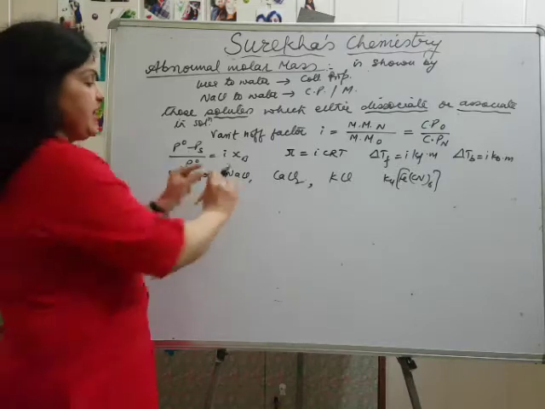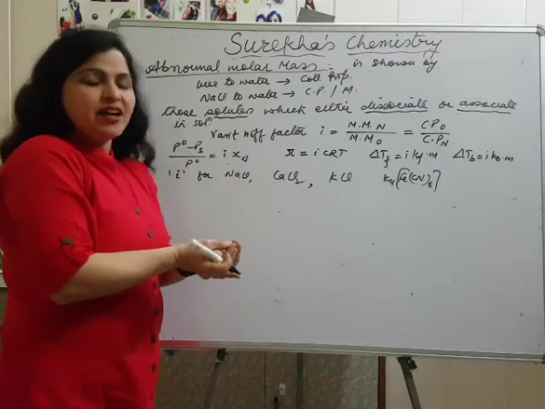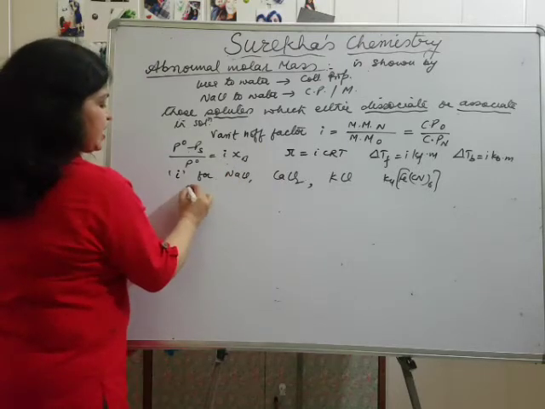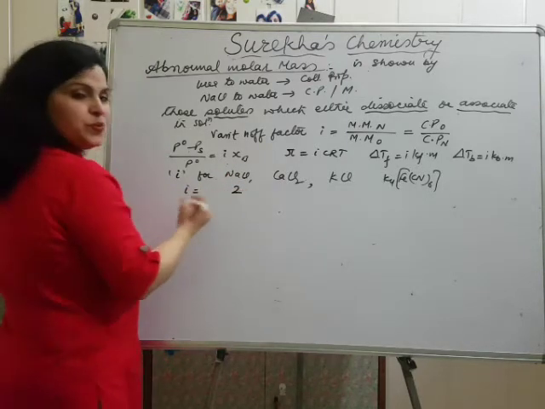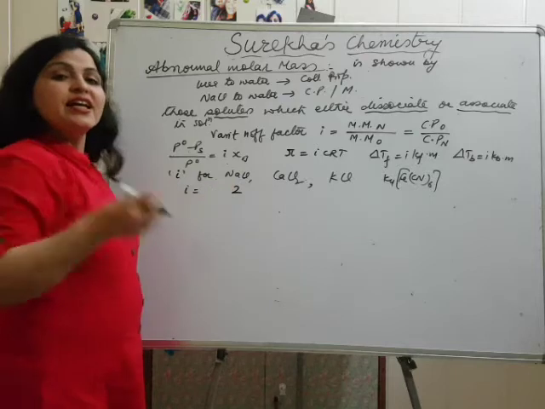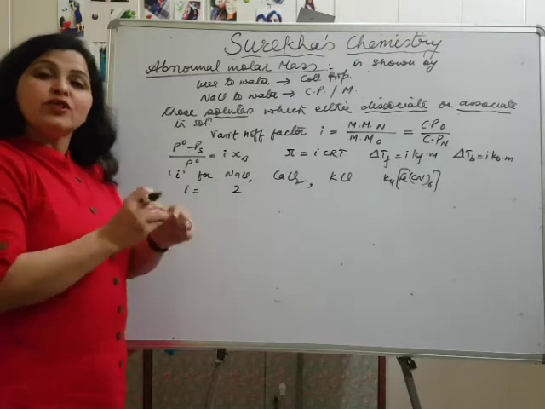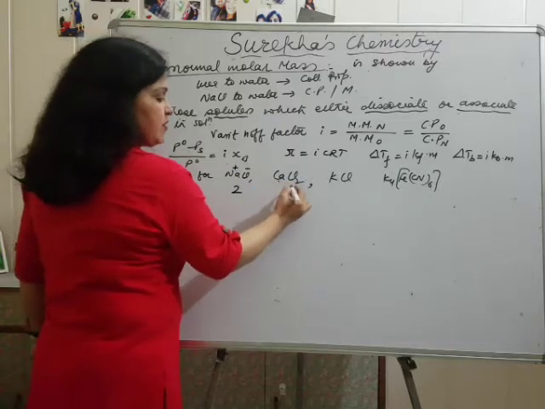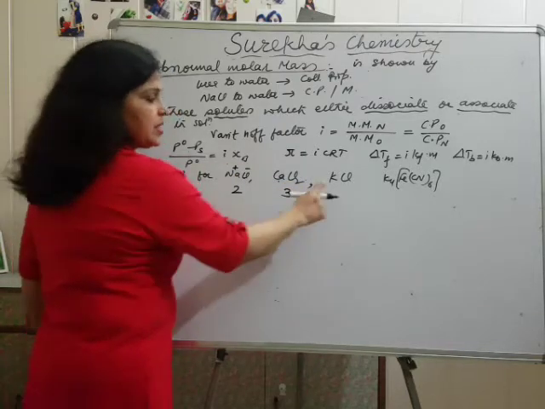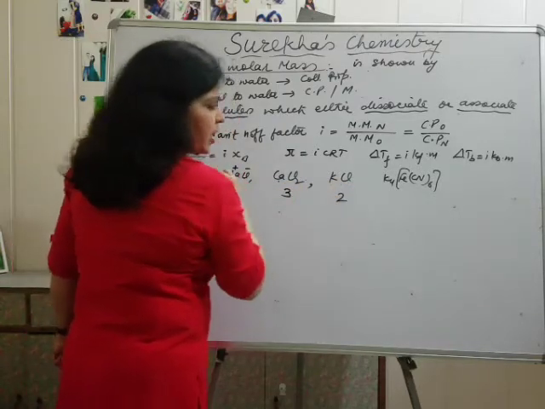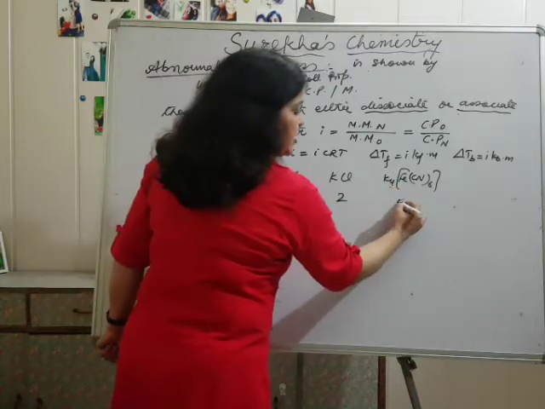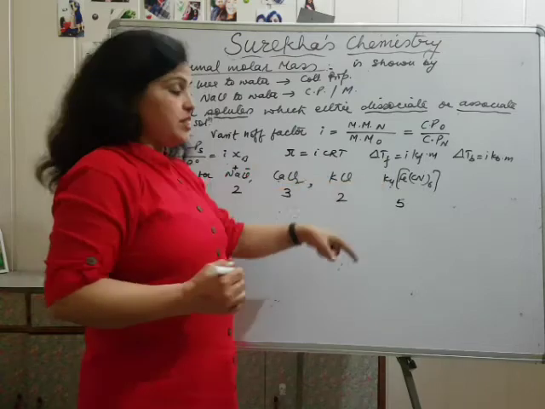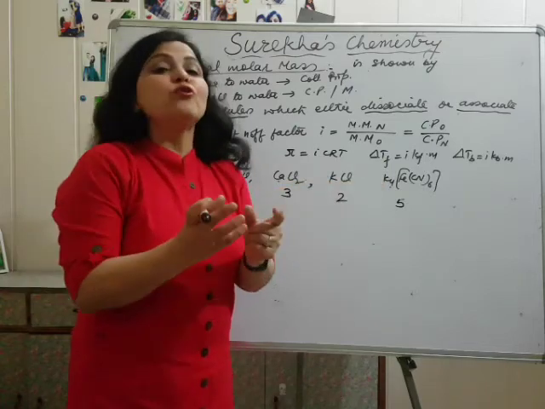Now, if they dissociate completely, if their dissociation is 100%, then in that case i will be equal to 2, because NaCl going into water will give 2 ions, Na plus and Cl negative. This will furnish 3 ions, this will furnish 2 ions, and this will furnish 5 ions. If I add this potassium ferrocyanide to water, it will be dissociated into ions.